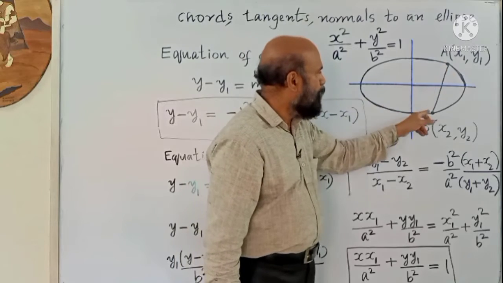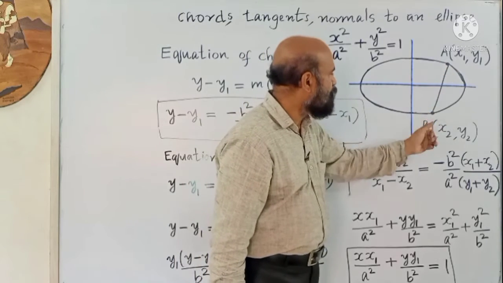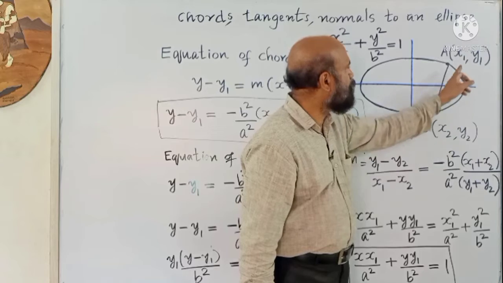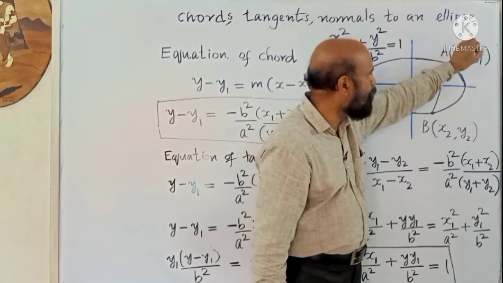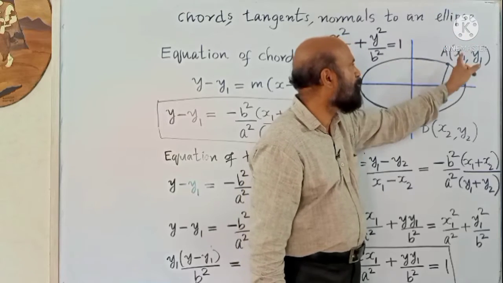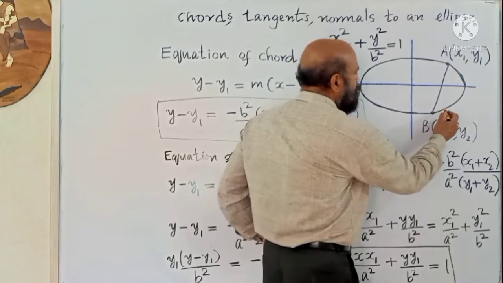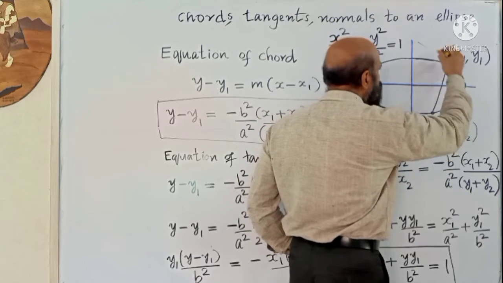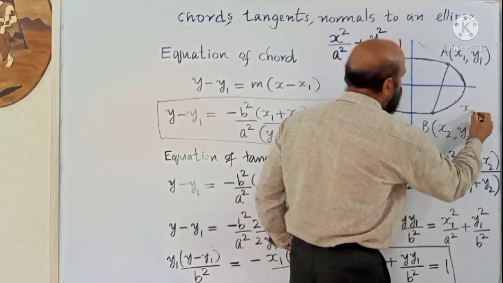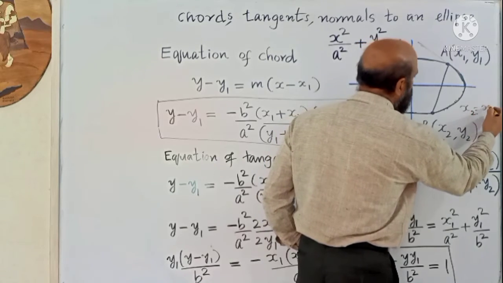Now this chord will become a tangent if x2, y2 coincides with x1, y1. It will become the tangent at x1 comma y1. This point keeps moving, and finally at that time x2 will become x1.